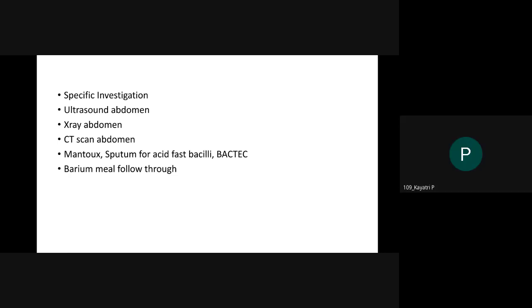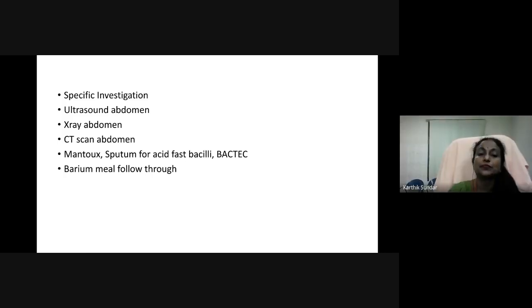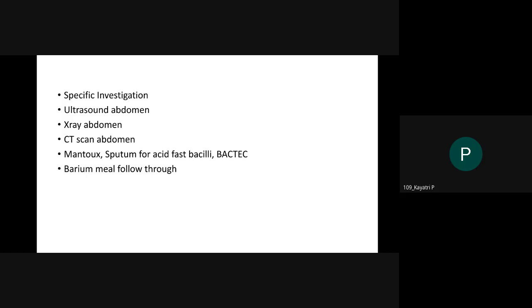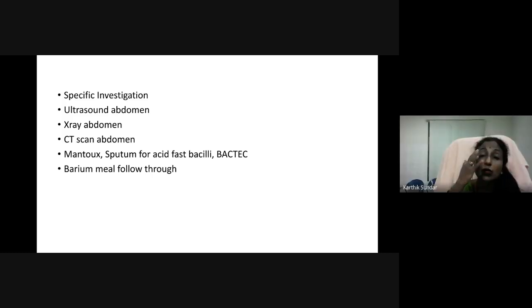Through this, we can rule out intestinal obstruction. How? Strictures will be seen, ma'am. In an X-ray, stricture will be seen? How do you diagnose stricture? There is proximal dilatation.